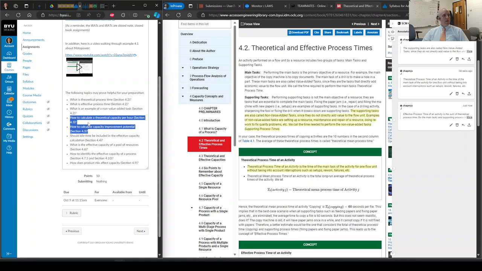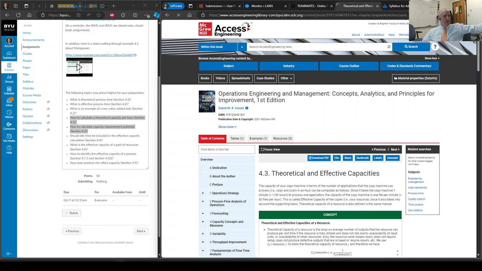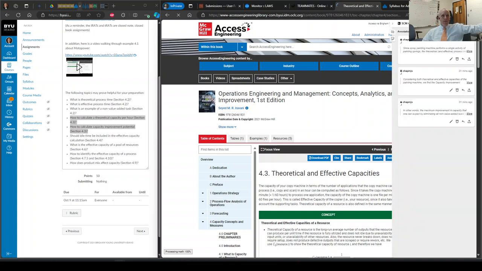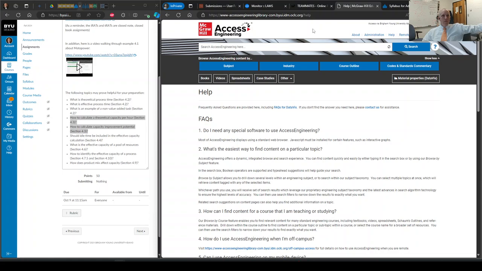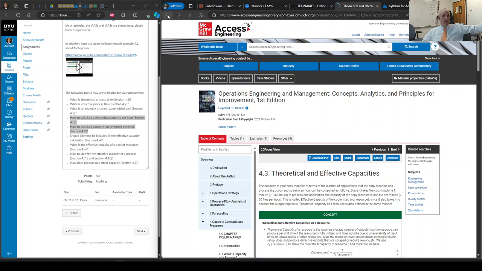These are in 4.3. So if we go to section 4.3 in the textbook, we can identify how to calculate a theoretical capacity per hour.